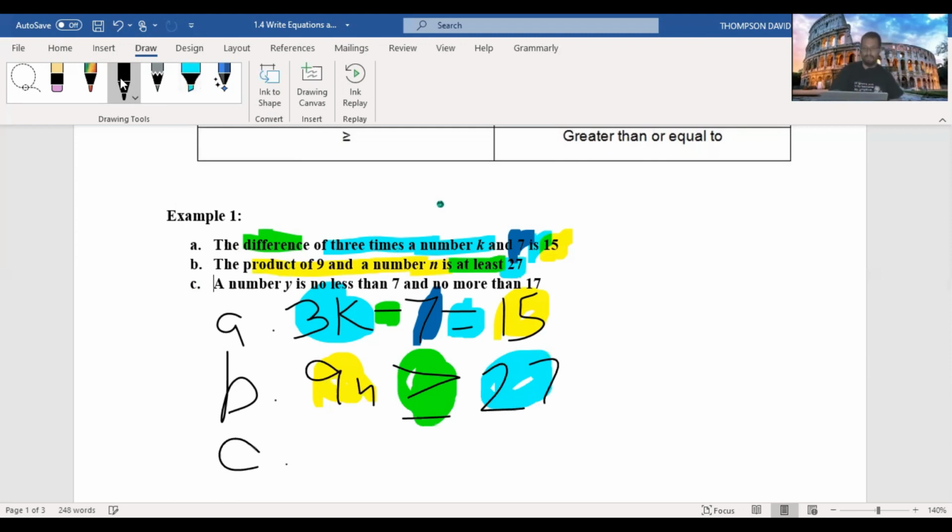C. A number y is no less than 7 and no more than 17. So that y we'll put in the middle. 7 will have to be at the bottom, so it's no less than 7 and no more than 17.